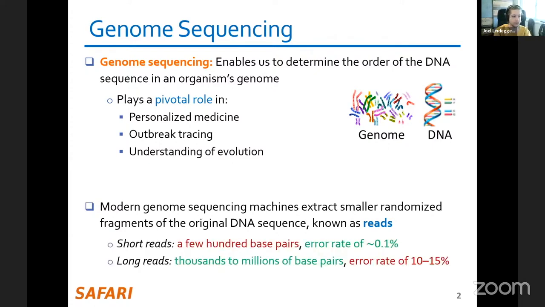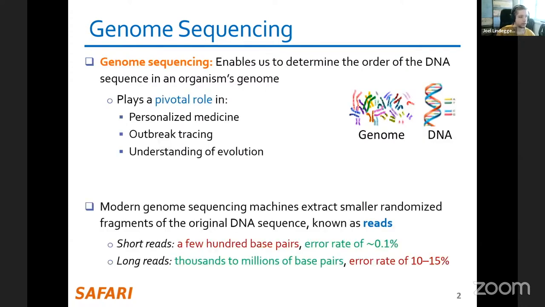The key pointer is that these reads have very different properties depending on the sequencing technology used. This can be short reads, which are a few hundred base pairs, or long reads, which can go from thousands to millions of base pairs. That's also relevant to the alignment algorithms, which Scrooge and GenASM are: the error rate in these reads also varies a lot.